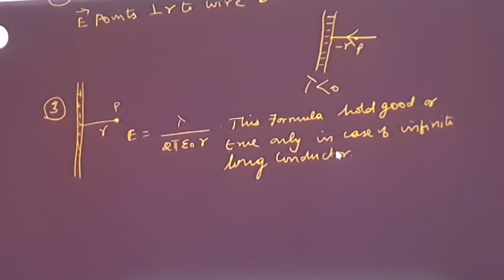It cannot be applied exactly to finite conductors. What will happen in the case of finite conductors? If the wire is of finite length, we can't say this is exactly correct, since the electrical field need not be radial at all points.